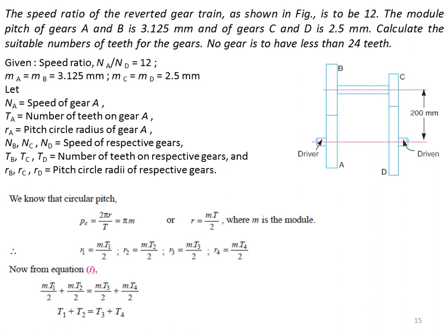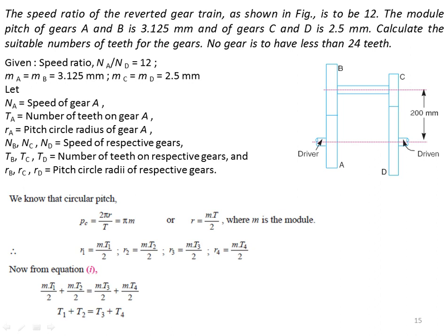So let us take N as the speed for all of A, B, C, D, and T as the number of teeth corresponding to A, B, C, D, and pitch circle radius as RA, RB, RC or RD. So all these things we have considered here, and you know that circular pitch PC is nothing but pi into M, so that is 2 pi R by T, where R equal to MT by 2.